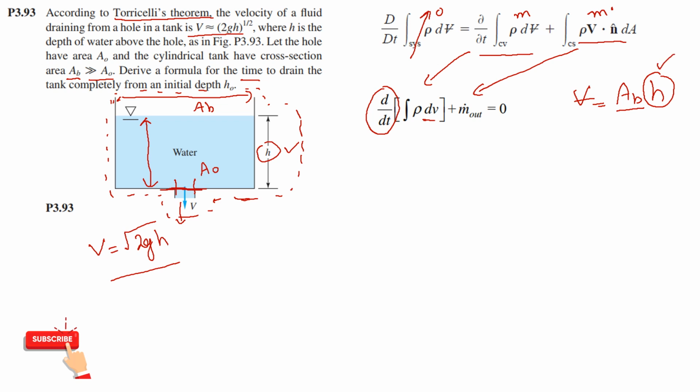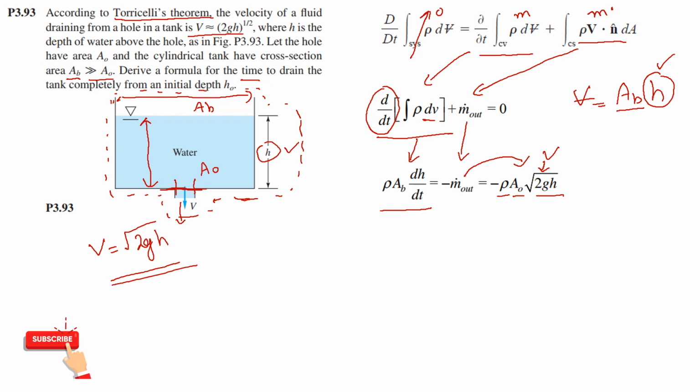After applying d by dt on the height h, this is what this term comes out to be, and this is our mass flow rate shifted to the right hand side of the equation. This mass flow rate will be equal to rho A naught times the velocity v, which is equal to under root 2gh, that we know from Bernoulli's theorem.